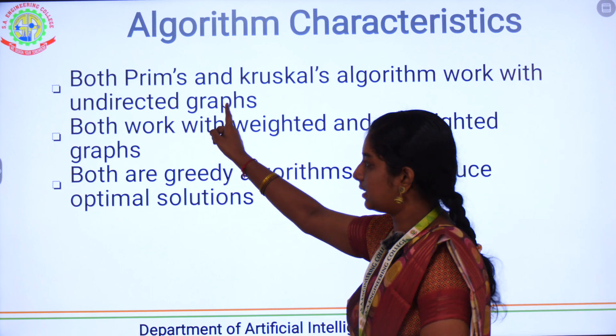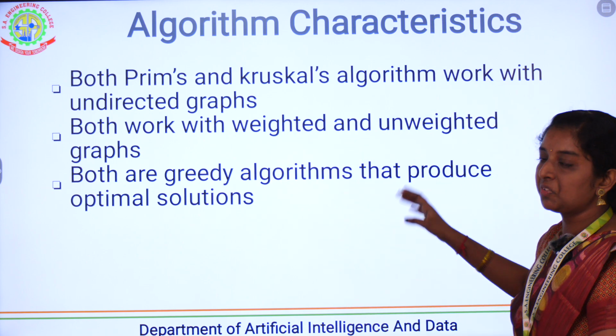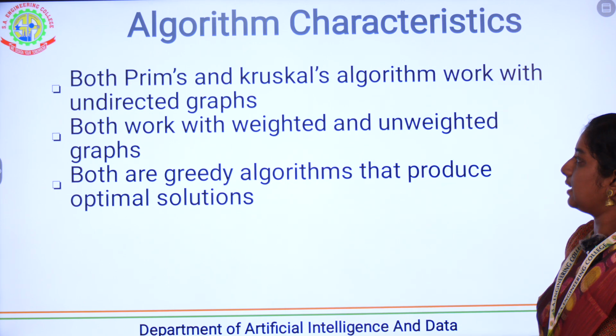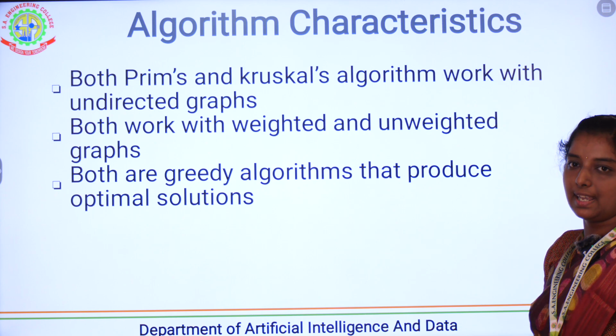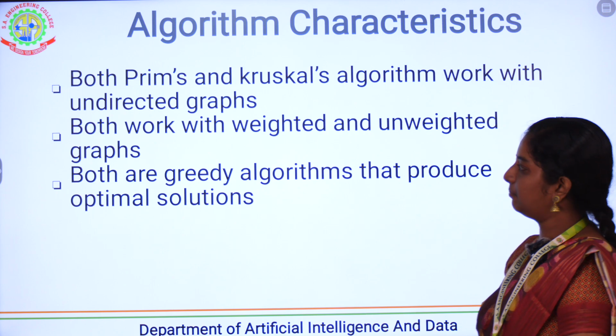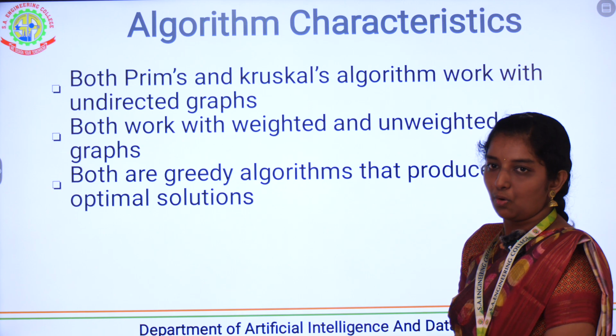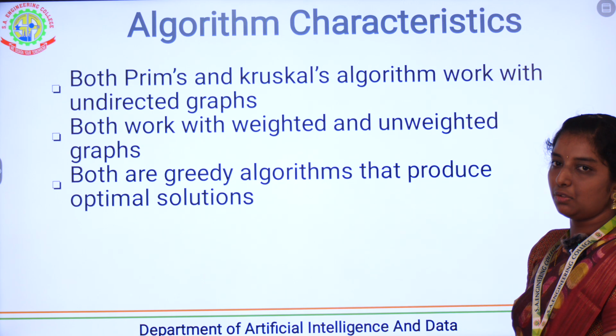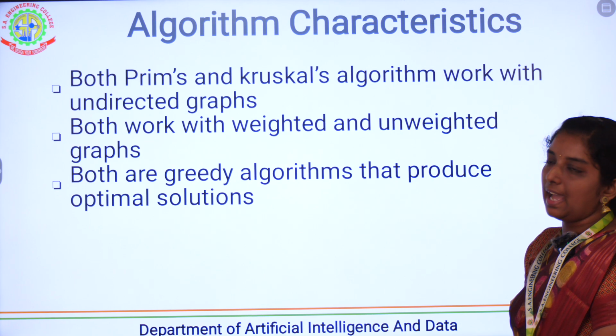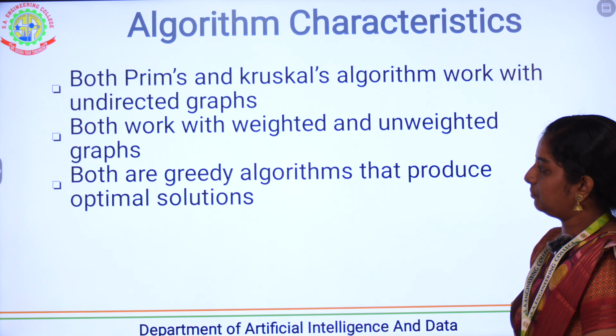These algorithmic steps are involved in both Prim's and Kruskal's algorithm. These techniques are usually used with undirected graph examples only, and both methods involve weighted and unweighted graph values.